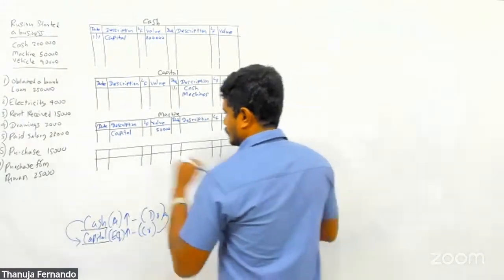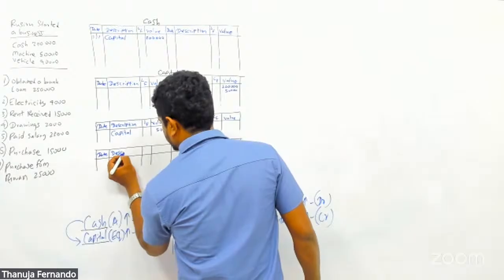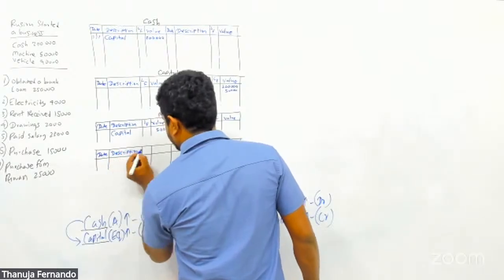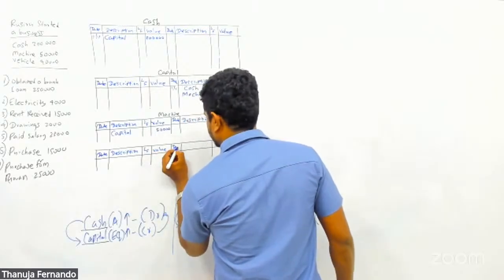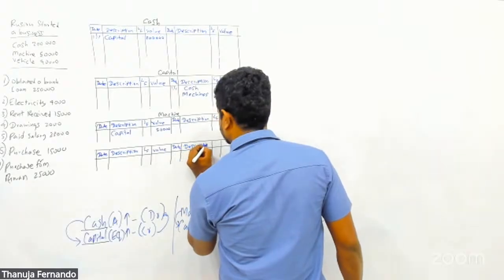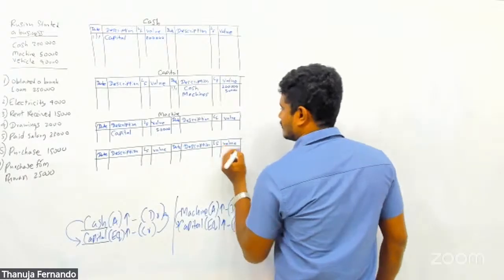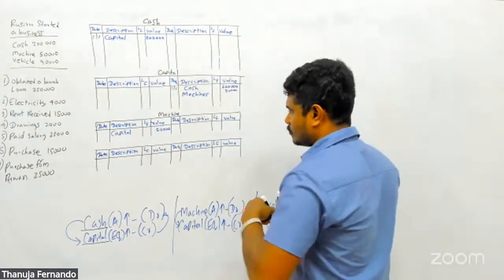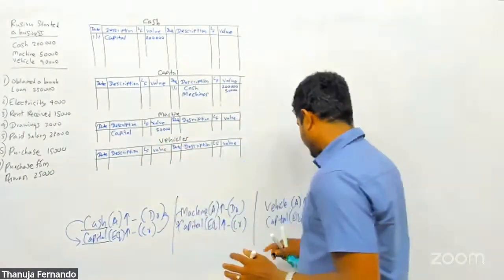Date, description, ledger folio, value. Date, description, ledger folio, value. I name this account as vehicle account. We need two accounts then. Right? Okay, then vehicle account debit.